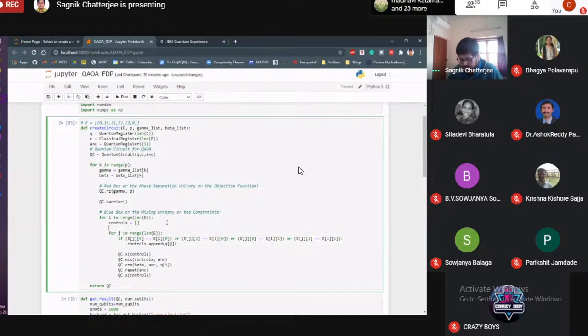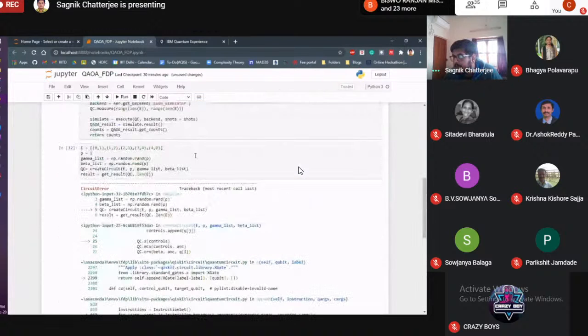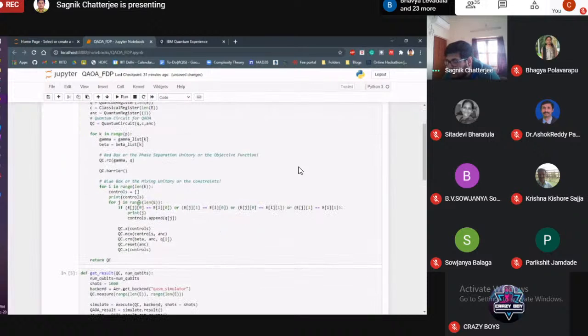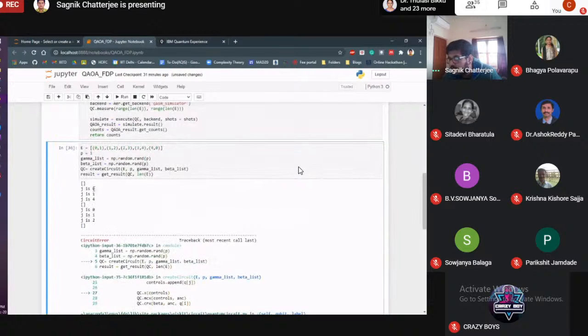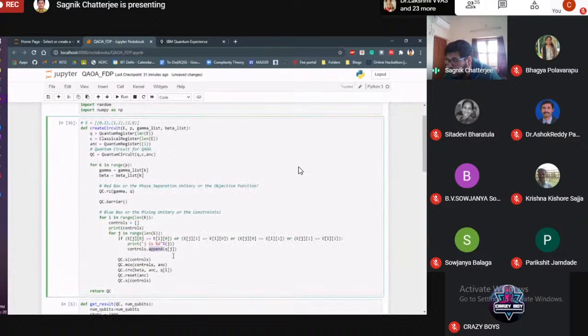So let's print J. J0, J1, J0. Okay, so it's going into the loop. Very nice. So we are just not being able to append it.